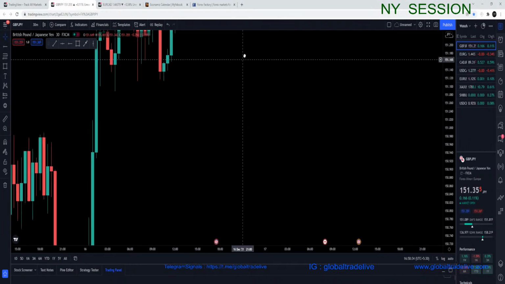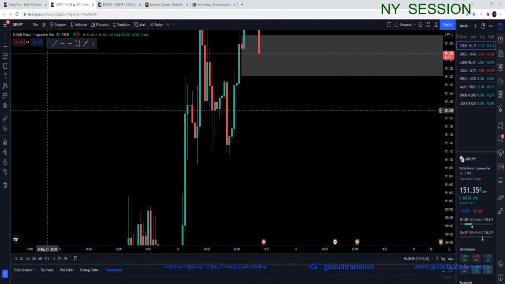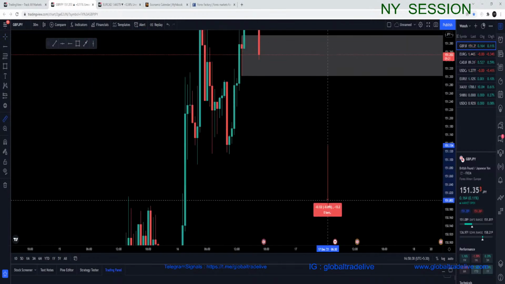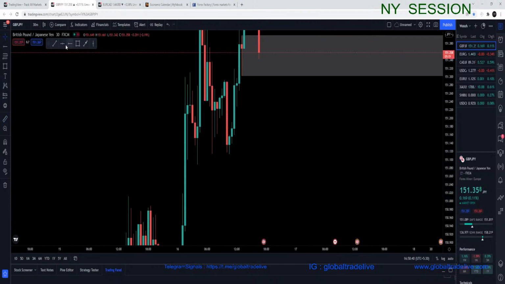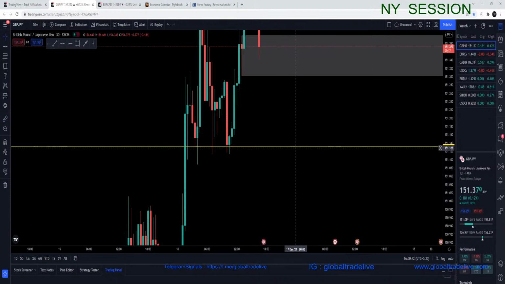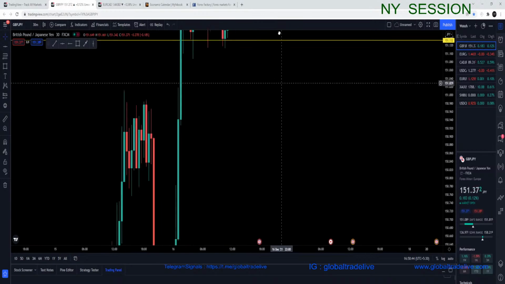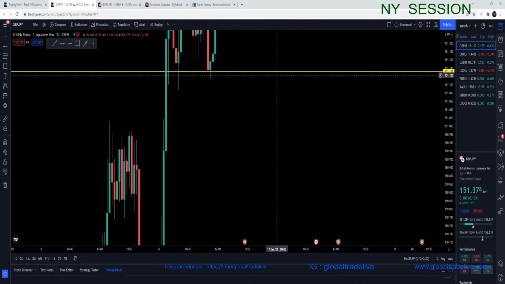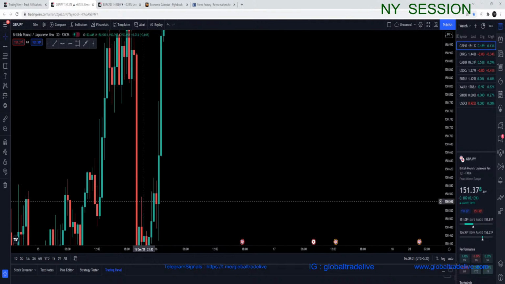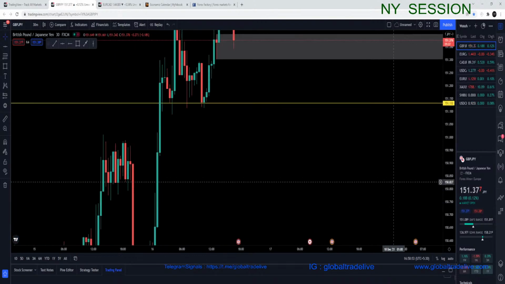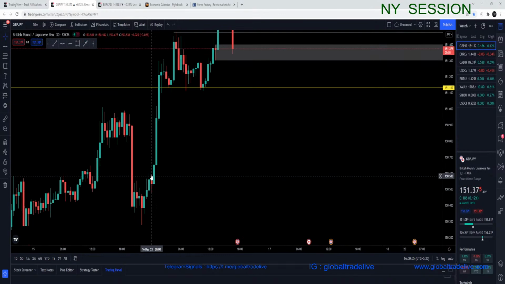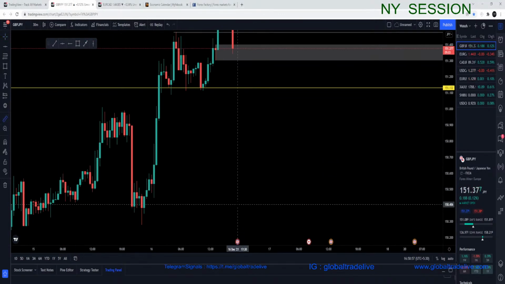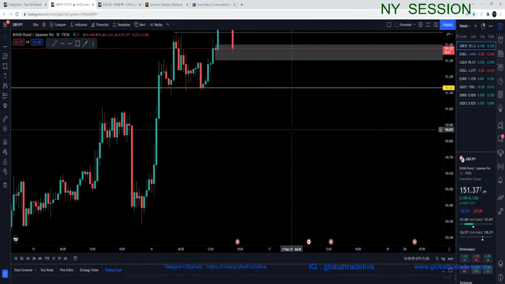According to me, a good trade will be below this area. Because once the market drops below this area, this will become a POI, and the market can drop 57 pips.